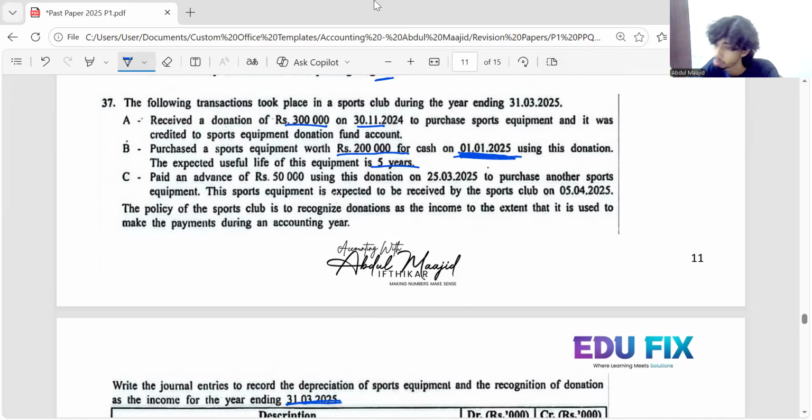So here the sport equipment cost is 200 divided by 5.